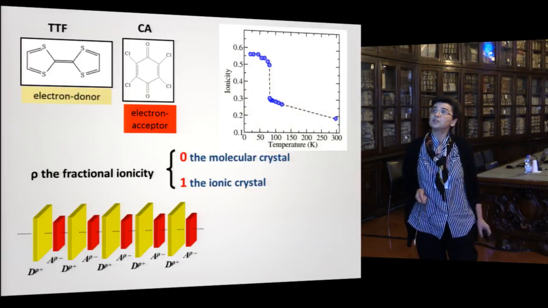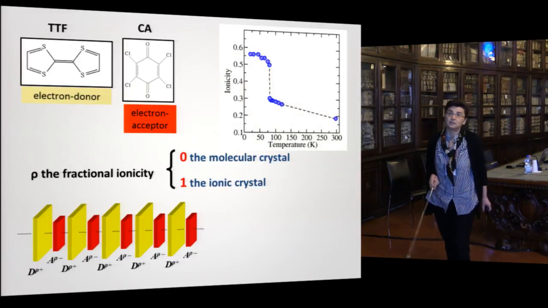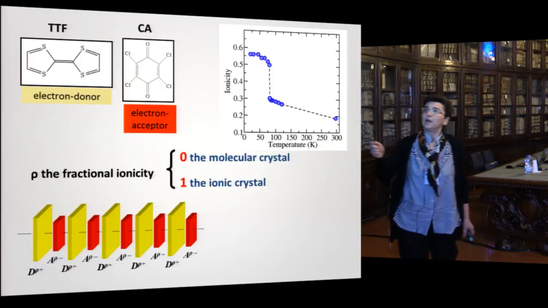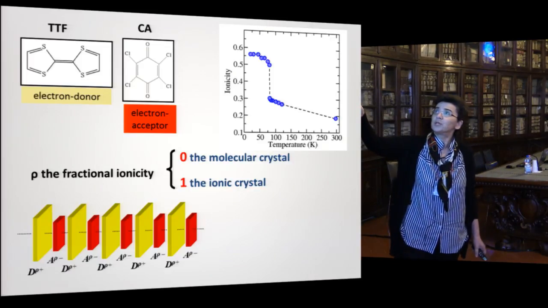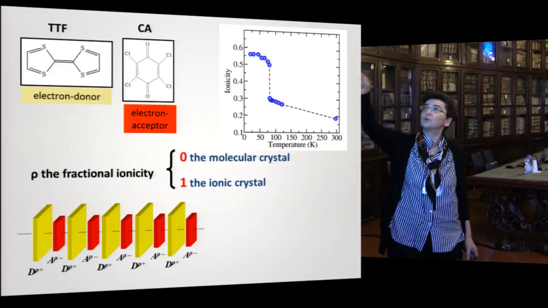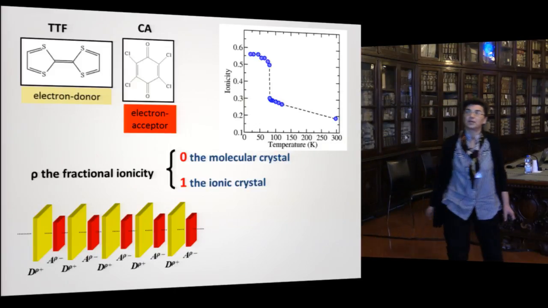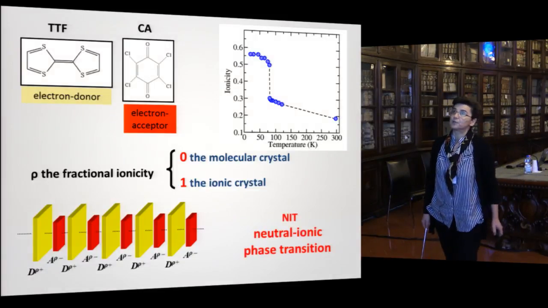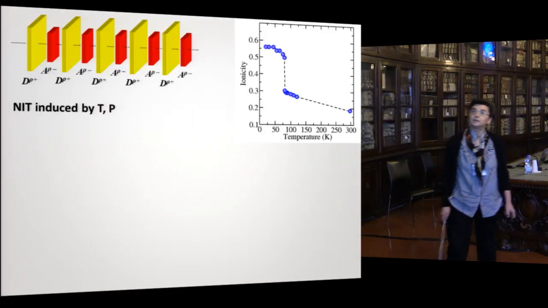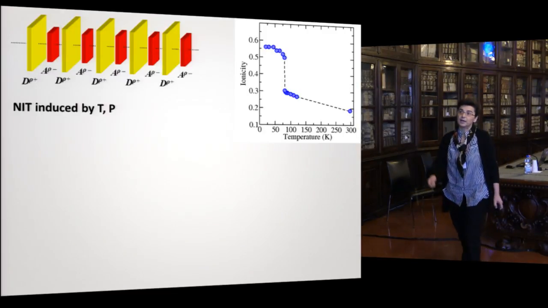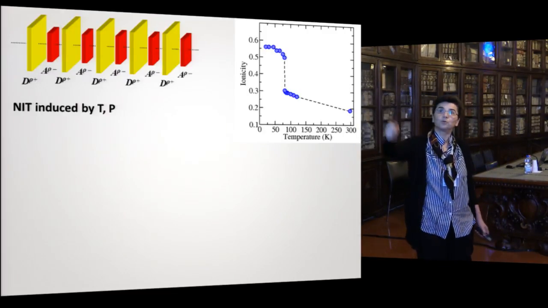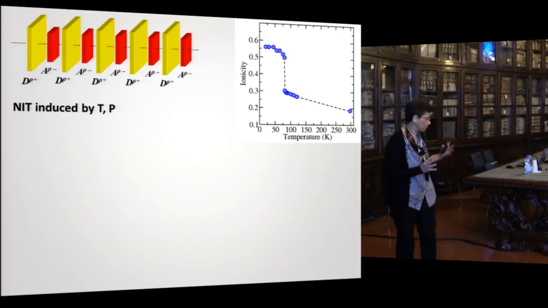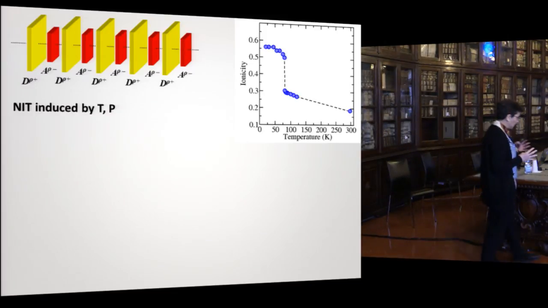And what is even more interesting is that in some systems, and TTF chloranil is among them, you have the possibility to switch the system from a neutral to an ionic state, and this is what is called the neutral-ionic phase transition. It is induced, as shown here, by temperature, but also by pressure, and the physical origin for that is very simple.